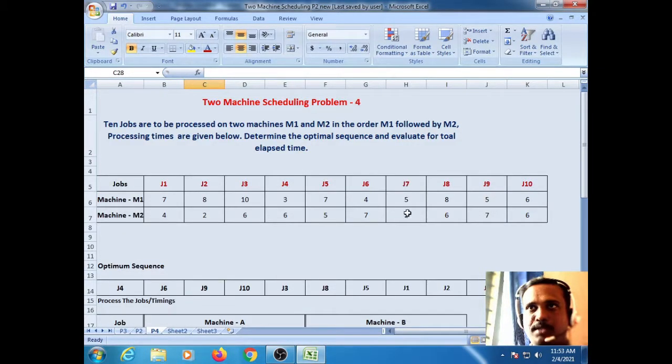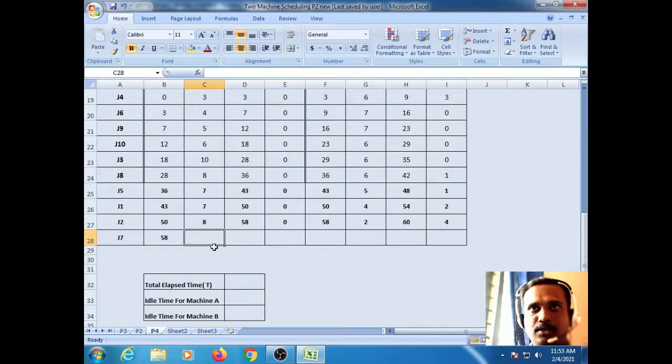Job 7 processing times are 5 and 2, so here we take 5 and here we take 2. This is the 63rd hour. And 58 and 58, 0 is the idle time for this job and this machine.